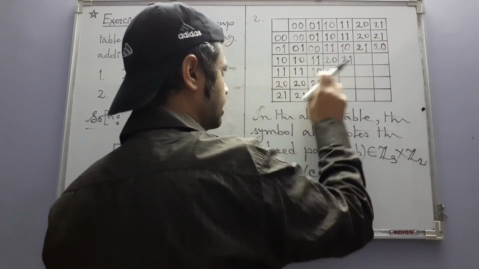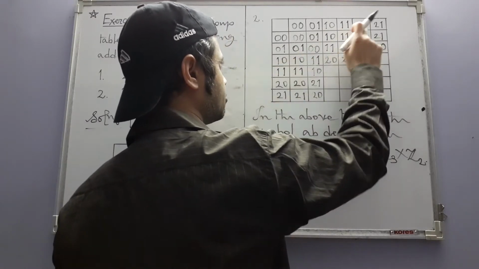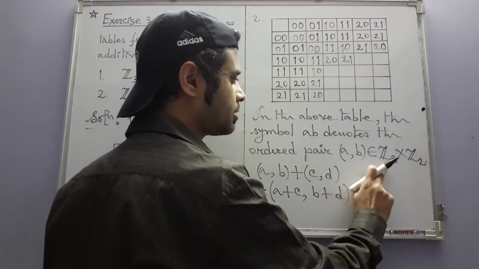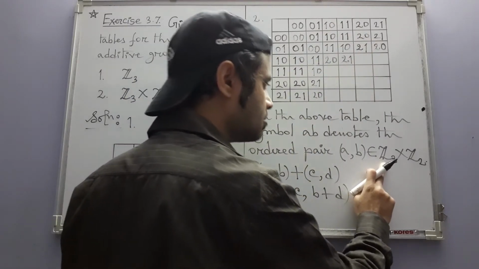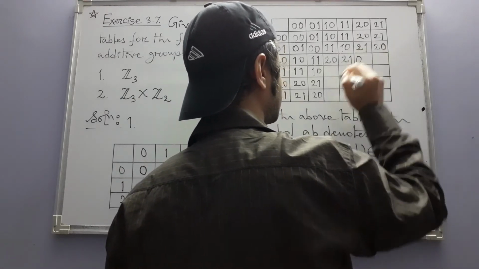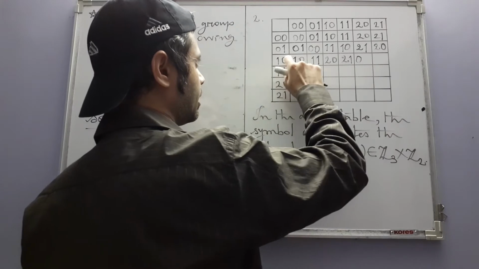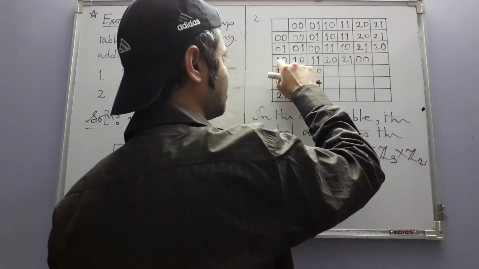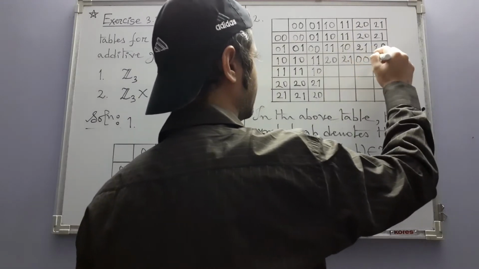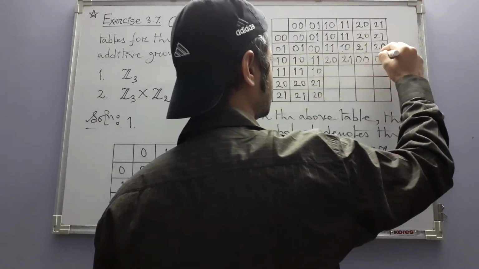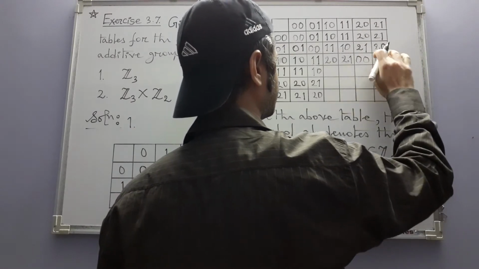Okay, now next this one, 1 0 plus 2 0. 1 plus 2 is 3, but that first calculation is in Z3. So in Z3, 3 is 0 because you are dividing by 3, so the remainder is 0, and 0 plus 0 is of course 0. Then finally 1 plus 2 like that is 0, and 0 plus 1 is 1.